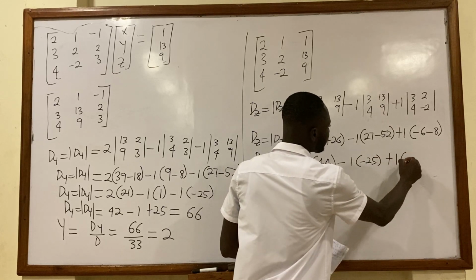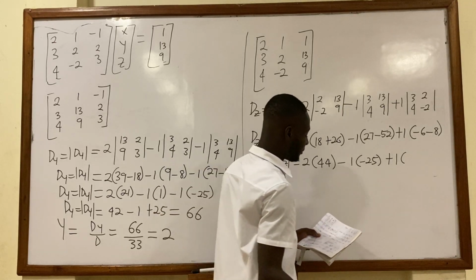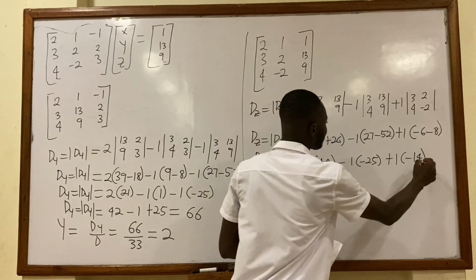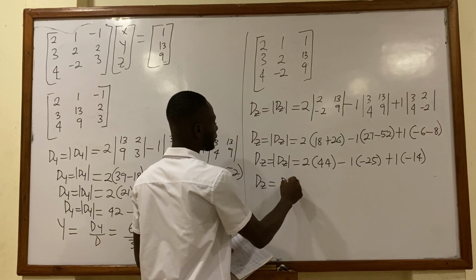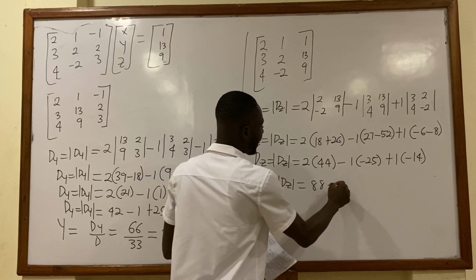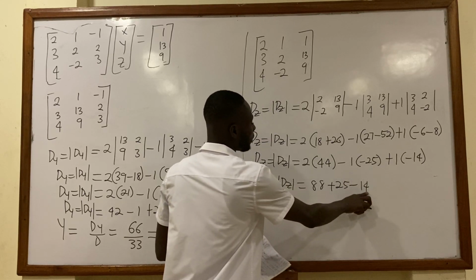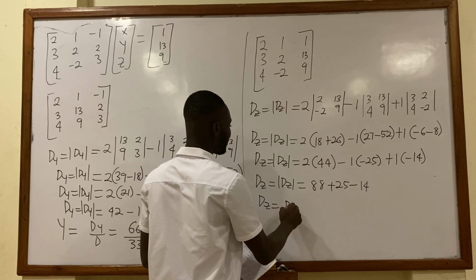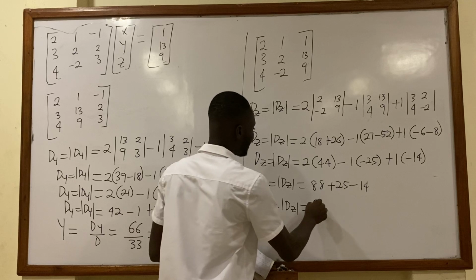Plus 1 into minus 6 minus 8, which is minus 14. So the determinant of the z is equal to 88 plus 25 minus 14, right? So the determinant of the z is 99.